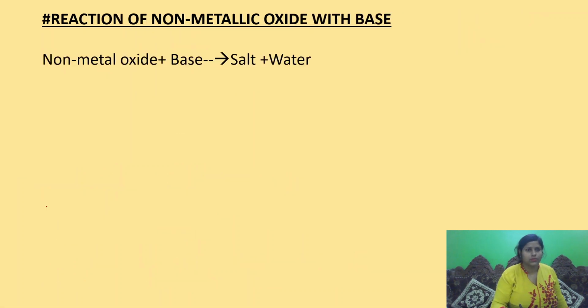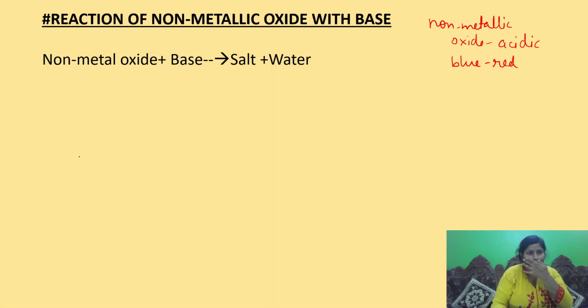Now next reaction. What happens when bases react with non-metal oxide? Now non-metallic oxides are acidic. That means they turn blue litmus red, right? Suppose we take an example of a base.